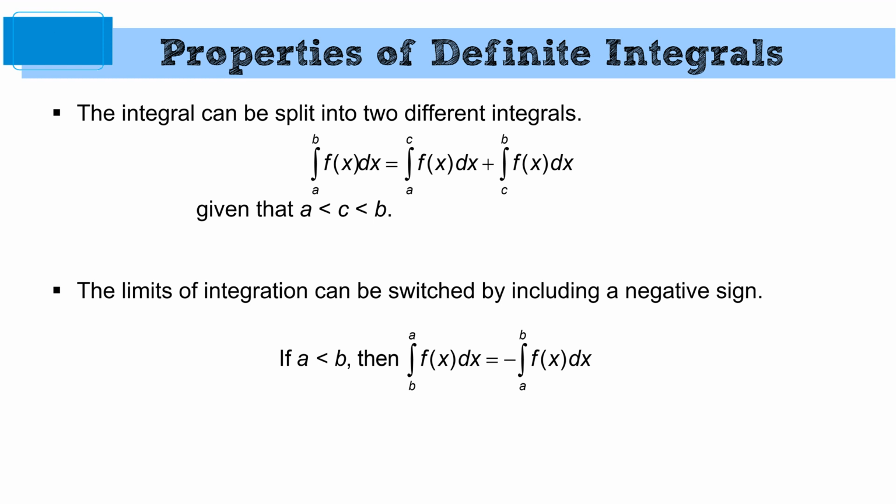All you have to remember is to switch them, but you have to remember to put a minus sign out in front. Why that happens, I'll explain more in depth later in this slideshow, because something needs to happen in order for that to make sense. For now, you just need to remember if you want to switch the limits of integration, you have to include a minus sign. Then those two things are equal.